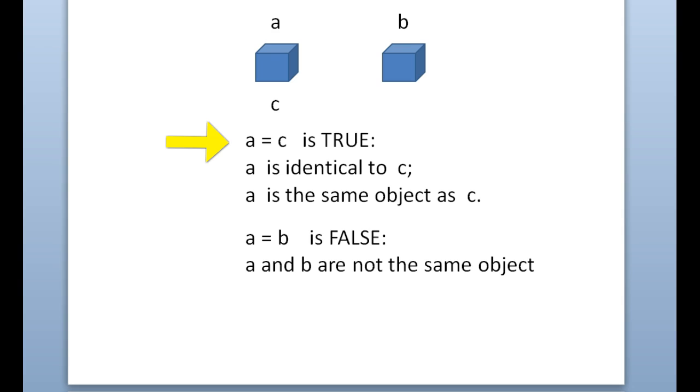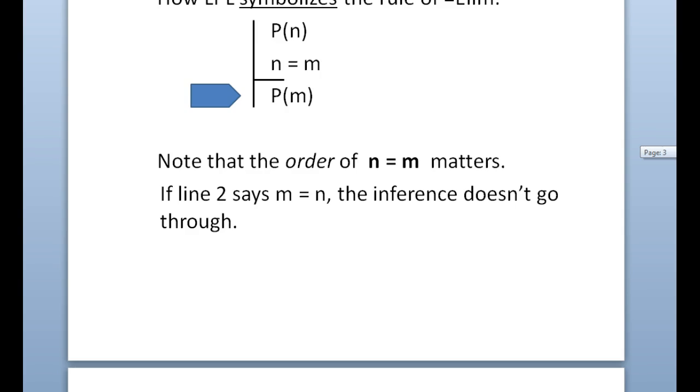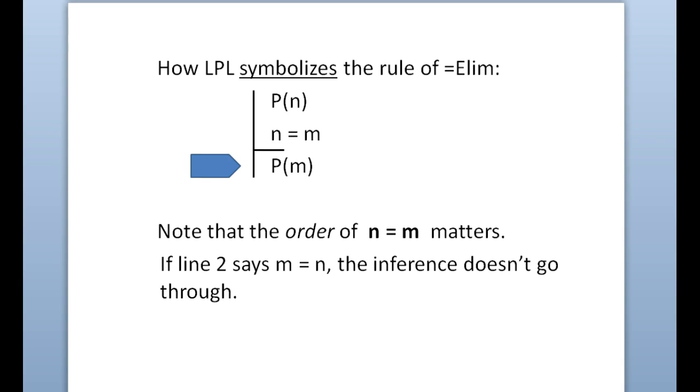But bear in mind, we always mean A is identical to C. That sentence is true because A is the same object as C. It's not a different object. It's the same object. But the sentence A equals B, or A is identical to B, that's false. That's not true, because A and B are not the same object. They are two objects. Let's look at our next slide here.